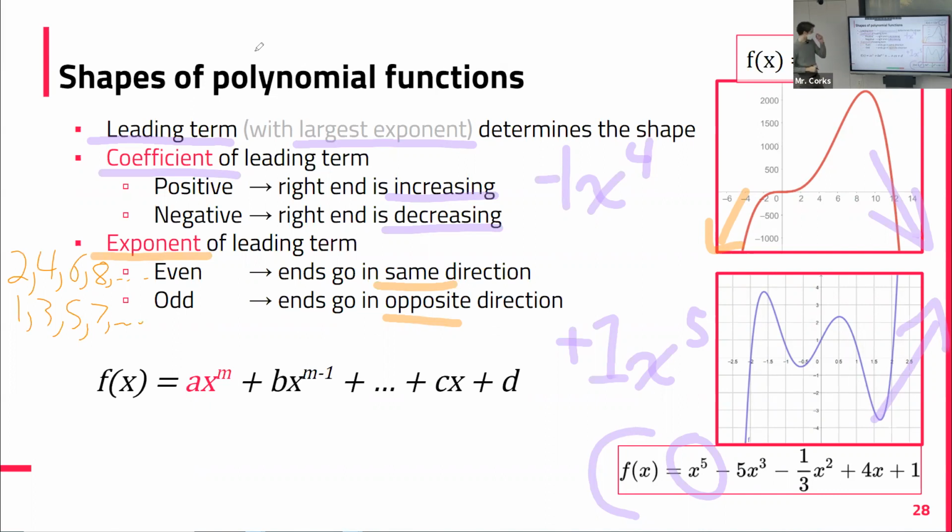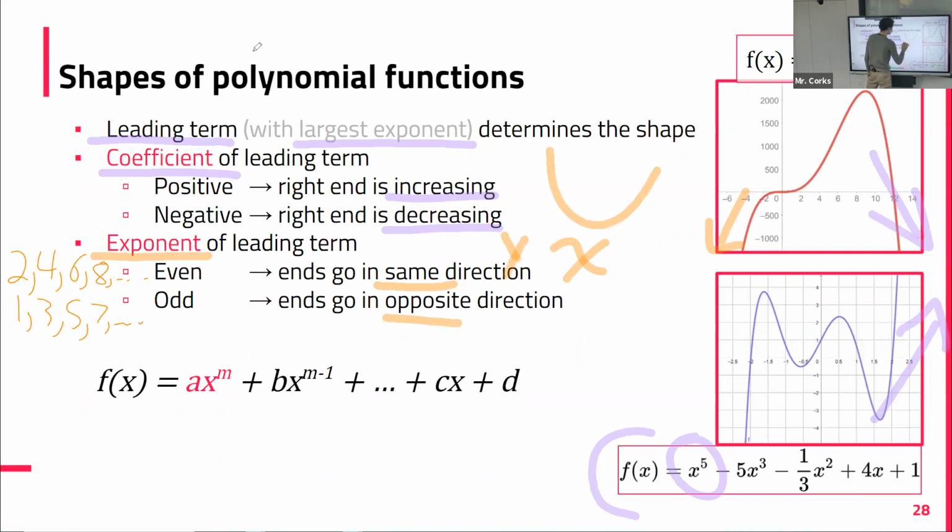All right, I'll just quickly explain why the exponents do that, and then we'll look at some practice examples here. So if we just imagine a very simple function like y equals x squared. If we have positive values for x, then the right side is going to be a positive number squared.